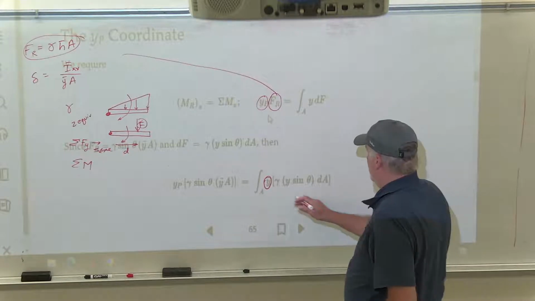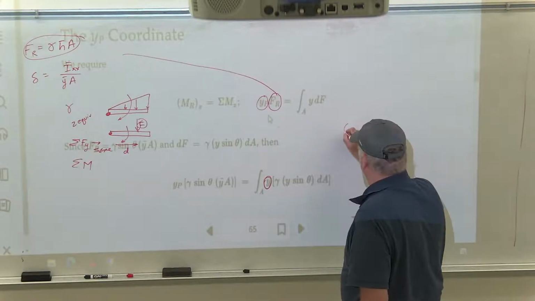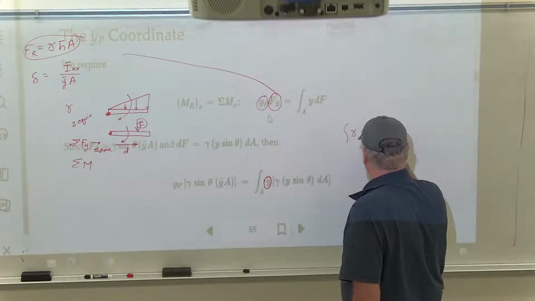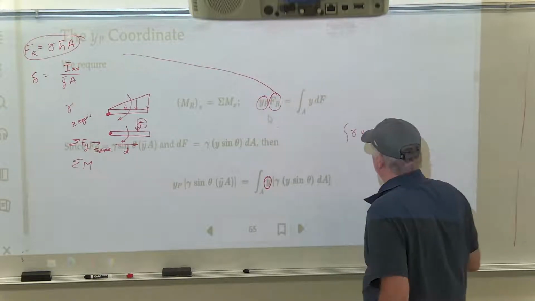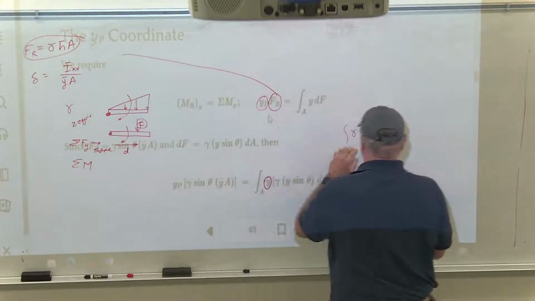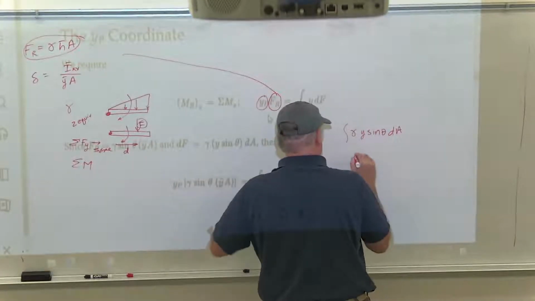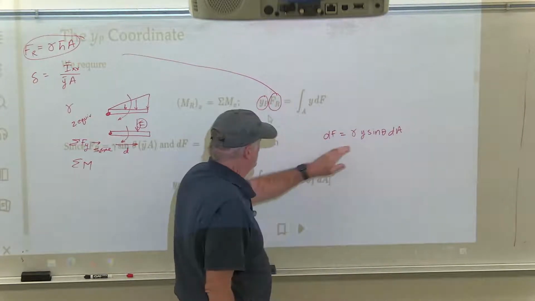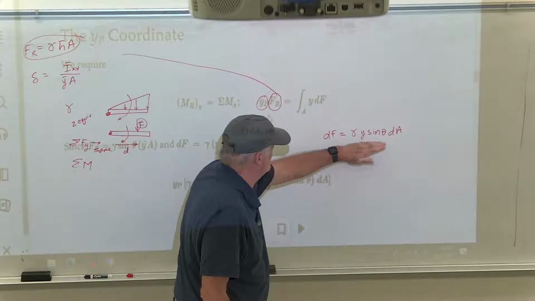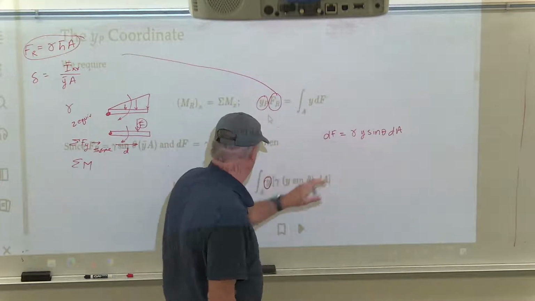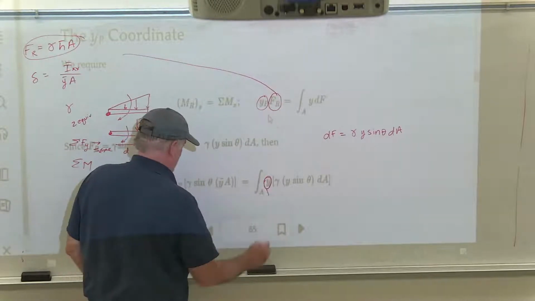So if you look back at it, you'll see the integration where I did gamma, y, sine of theta, dA. That was where you were trying to find that. And this was actually the dF. But now what you're doing is you're going to sum all these little bitty forces up, times the moment arm to them, and it gives you an extra y.